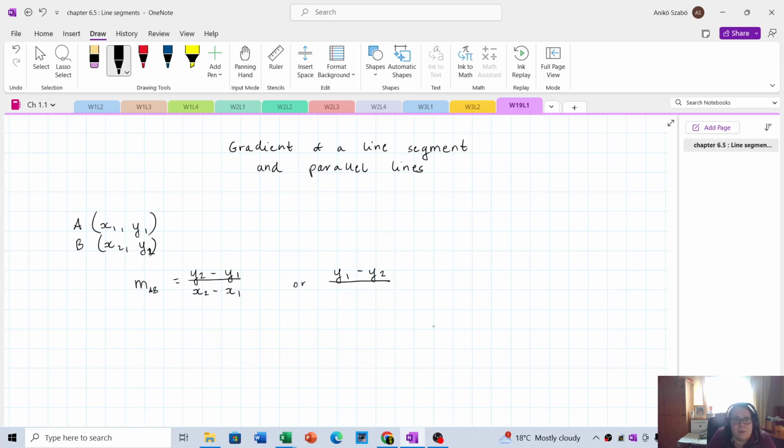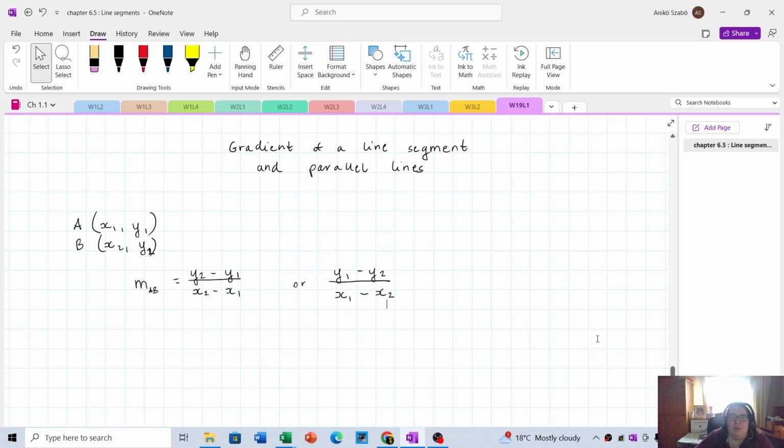But if you use y1 minus y2, then you've got to do x1 minus x2. So subtract them the same way around. If you use the second point first, then you've got to use the second point first in the denominator as well, and the same for the first point.